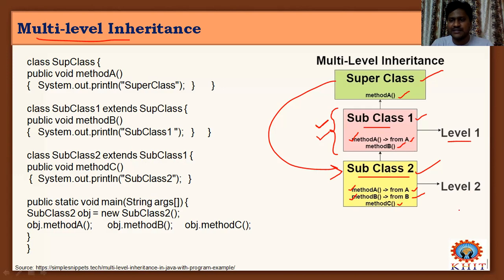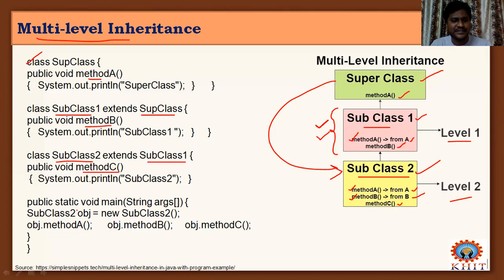This is level by level inheritance, which is why we call this inheritance type multi-level inheritance. So here, this is the superclass having method A, this is subclass 1 extending the superclass and having method B, and this is another subclass extending subclass 1 and having method C.